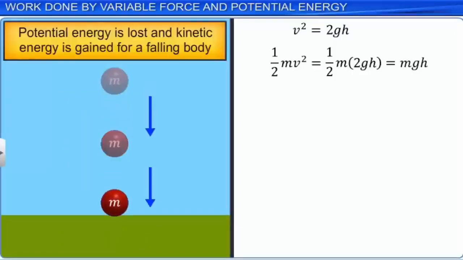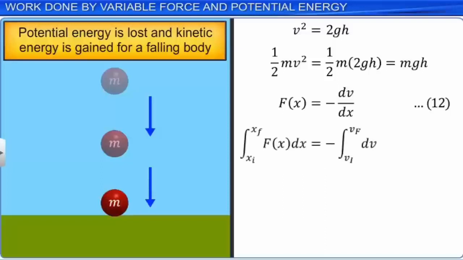Mathematically, the potential energy V of x is defined for any force F of x, which can be written as F of x is equal to minus dV by dx, shown by expression 12. Integrating on both sides of the expression within the limits of initial position xi and final position xf, and on simplifying, we get minus of Vf minus Vi.